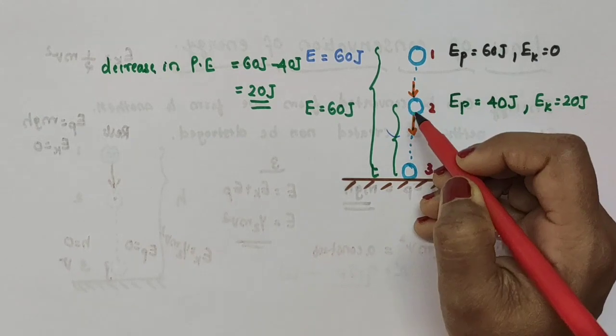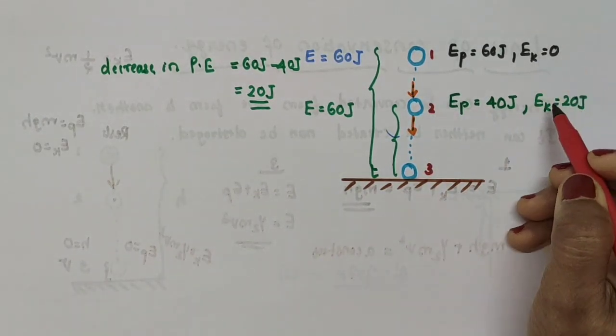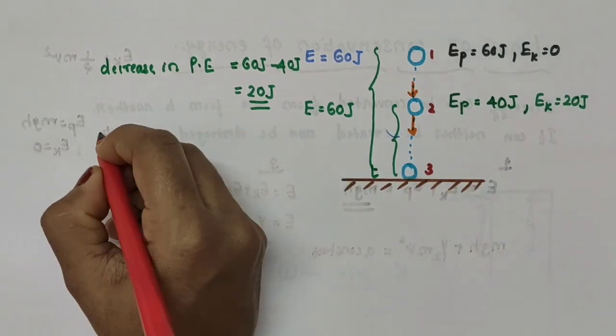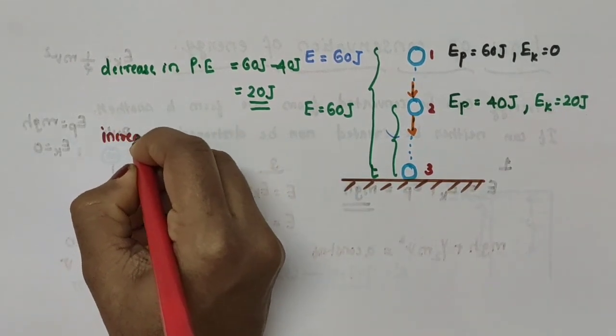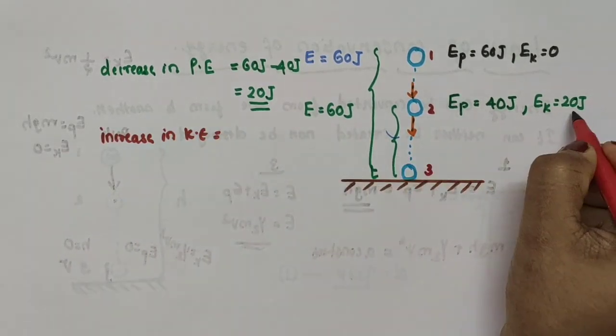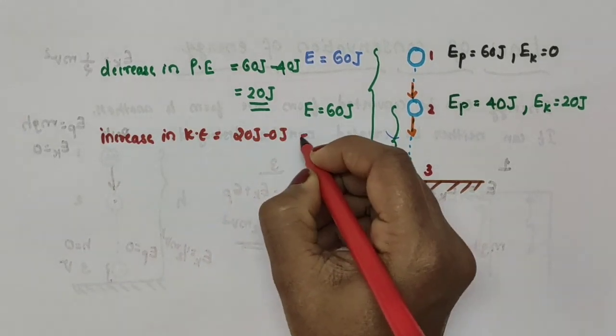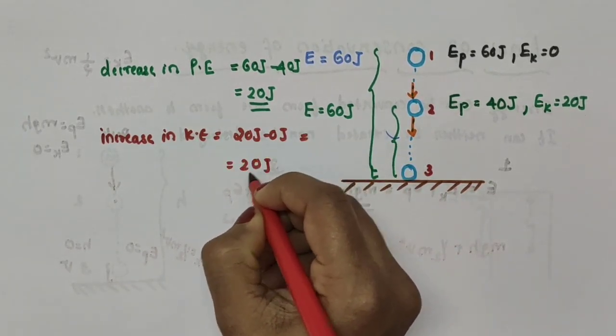That is, this object's kinetic energy has increased from 0 joule to 20 joule. So what is the increase in kinetic energy here? Increase in kinetic energy is equal to 20 joule minus 0 joule, which is equal to 20 joule.